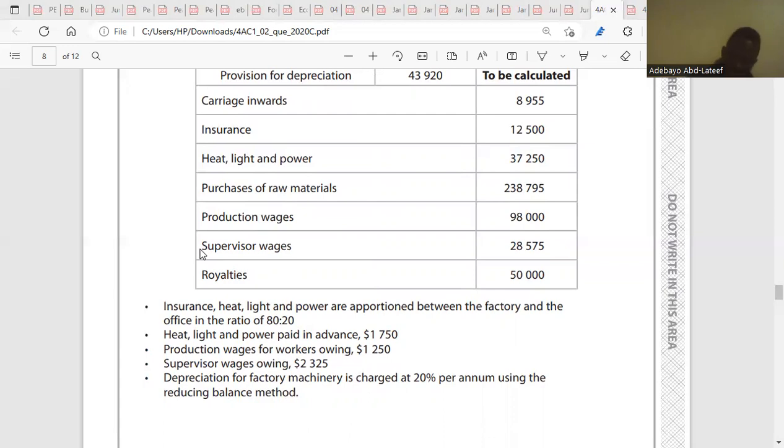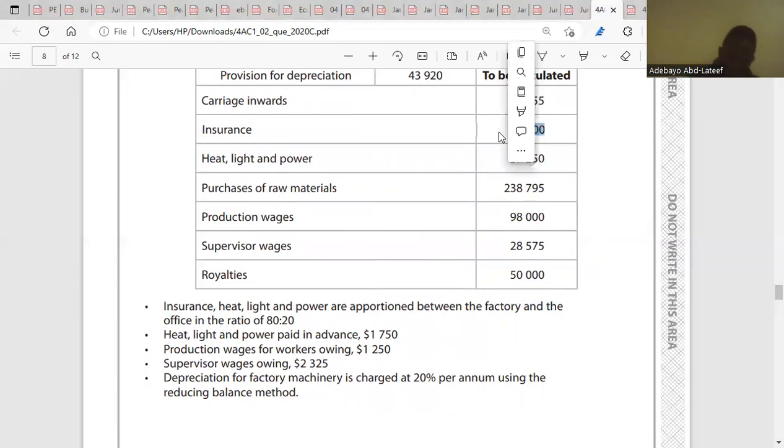That's 10,000. So for insurance, based on the additional information, are you with me, please? Insurance is 12,500, right? Can you see it there? Here, 12,500, that's insurance.